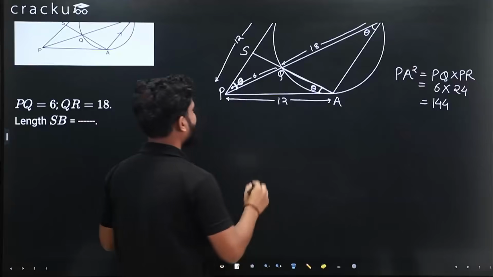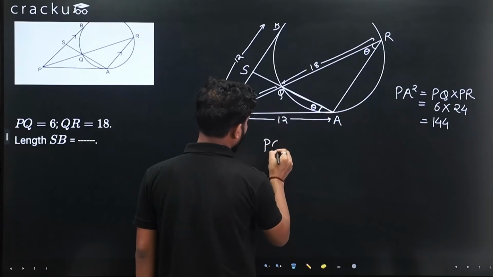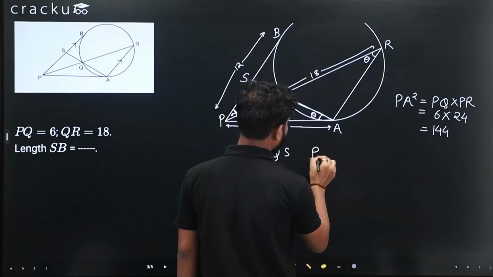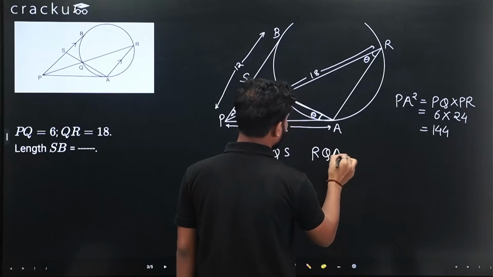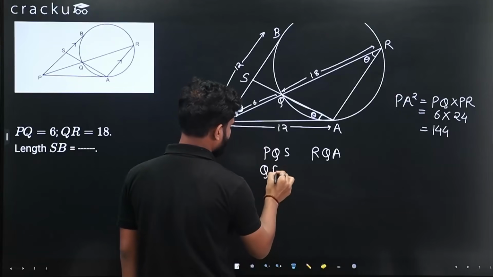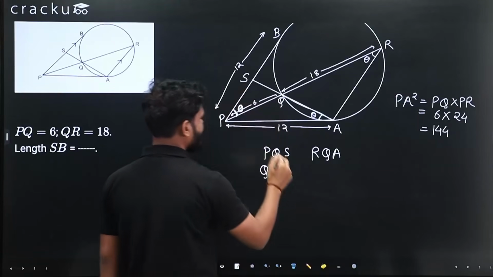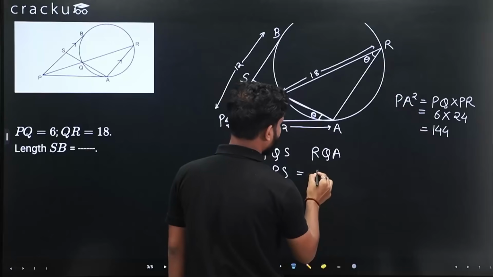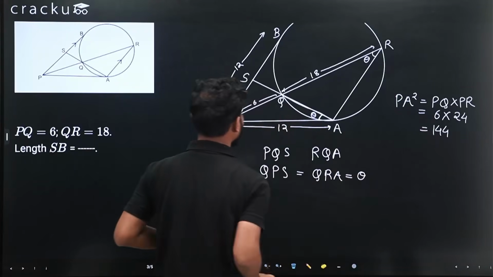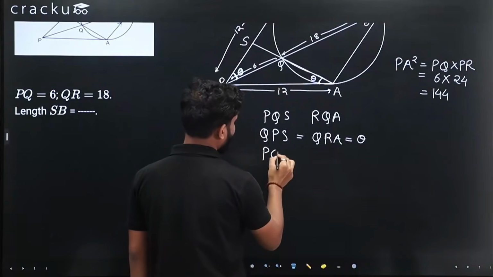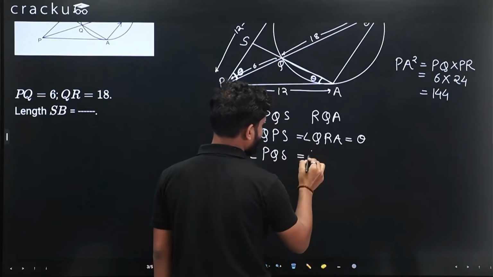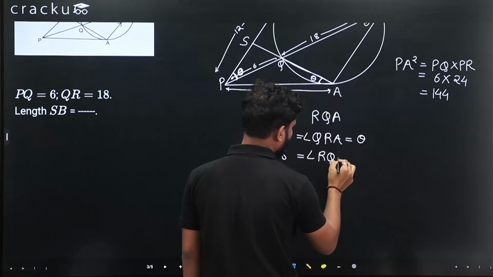Now look at the triangles PQS and RQA. The angle QPS, which is this angle, is equal to angle QRA. Both are theta. Also, angle PQS is equal to angle RQA.